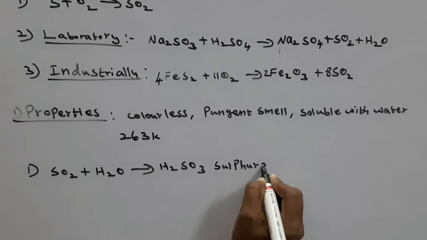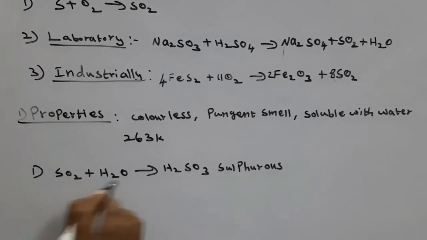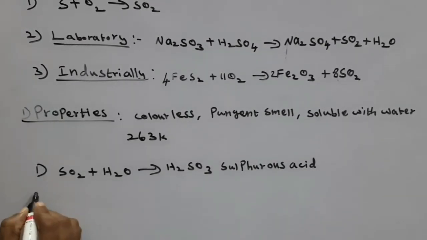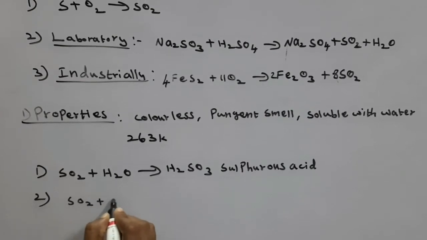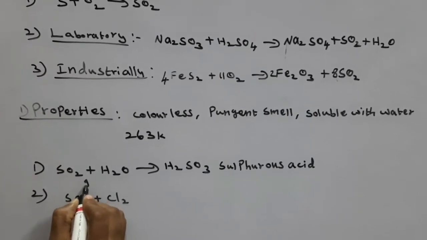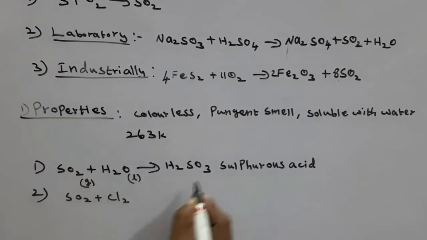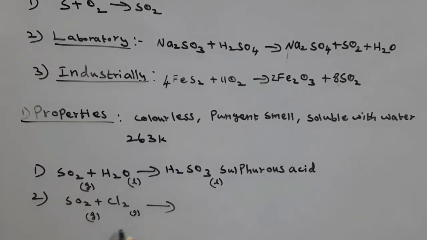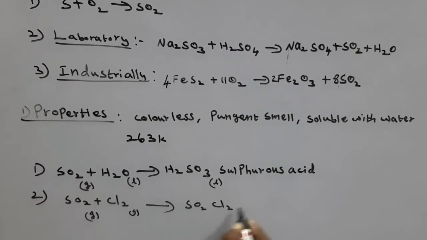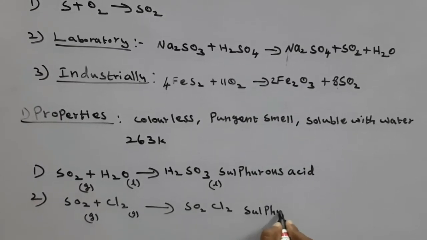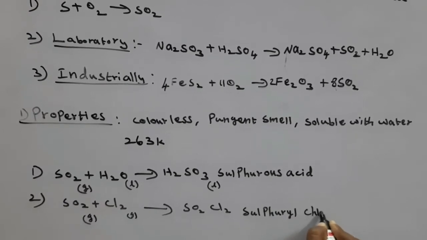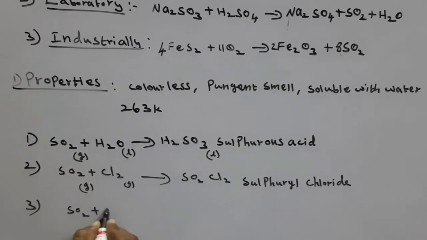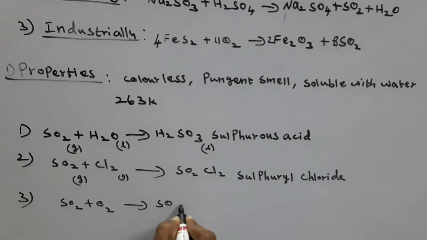Sulfur dioxide also readily reacts with chlorine gas, both in gaseous form, to produce SO2Cl2, sulfuryl chloride.